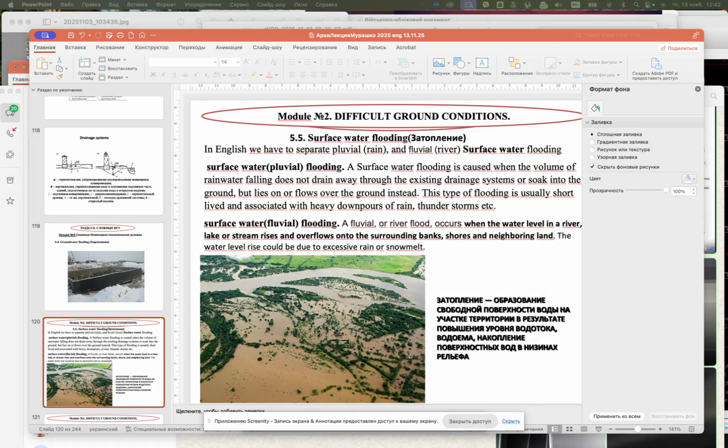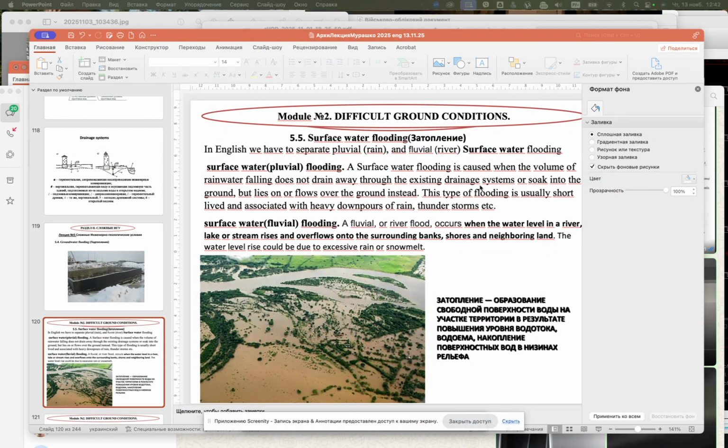From its shores, sorry, surface water flooding. I think you saw this situation in the movies, on TV. Surface water flooding can be caused by Odessa rainfalls also, but it's not a regular situation.